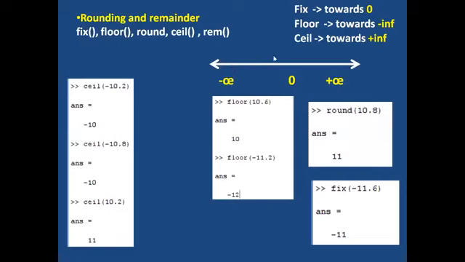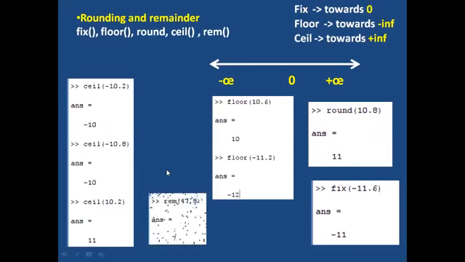Since it has to move towards positive infinity, the value of ceil of minus 10.8 is going to be minus 10. Ceil of 10.2: 0, 10, 10.2, and then 11. I have to move towards plus infinity, so the ceil value of 10.2 is going to be 11.